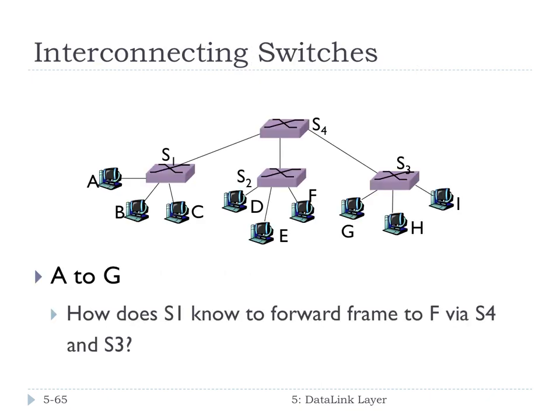All right, so let's take this up to the next level. What if we have multiple switches connected to each other? What if, in this case, we've got 4 switches, 1, 2, 3, and 4, and we've got these hosts A through G. What happens if A needs to talk to G? How does switch 1 know to forward the frame, sorry, this is explaining A to F. So if we need to go to F, how do we need to go?